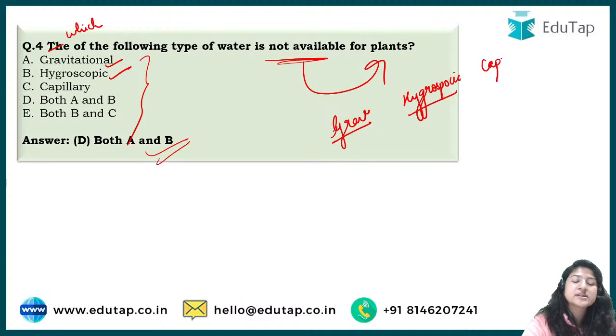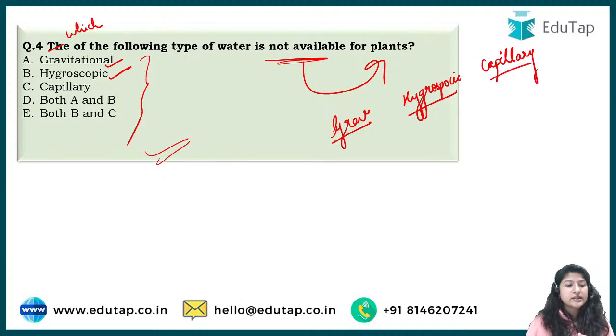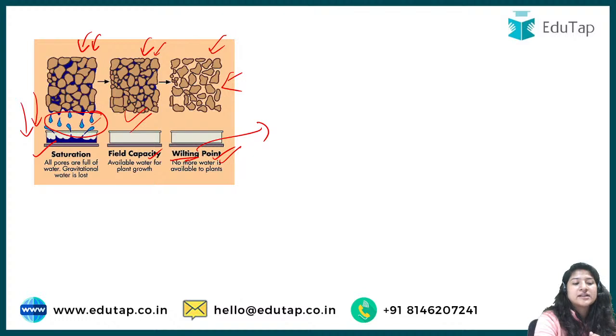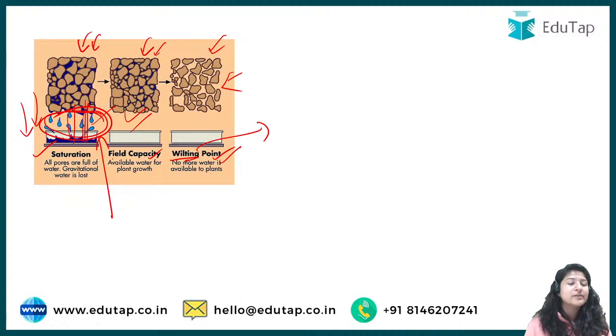What is the difference? Gravitational water is, in saturation, the water that is moving downwards. This water won't be available for the plant, right? The water which is moving downward won't be available to the plant, and this water is known as gravitational water. The water which was there in soil, but due to gravitational effect, moved down.